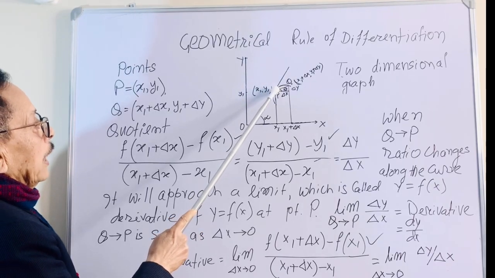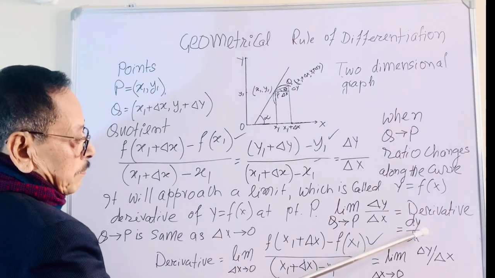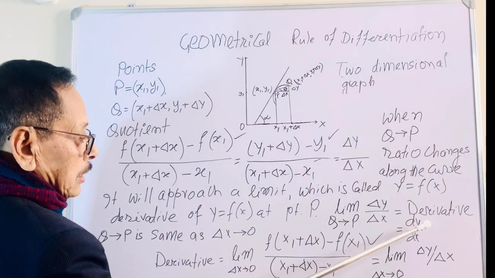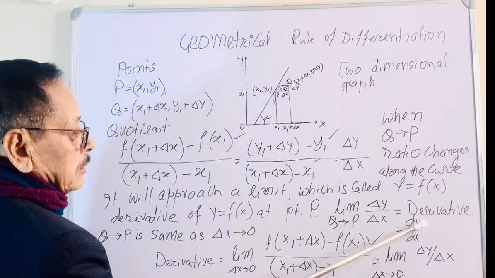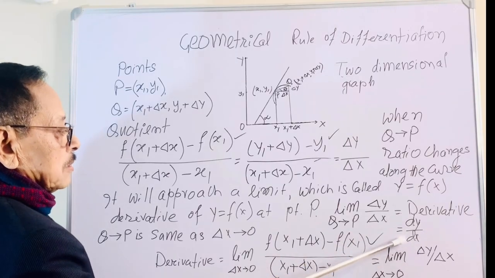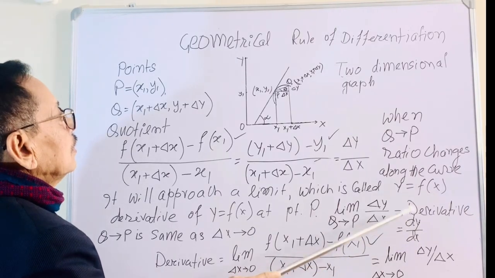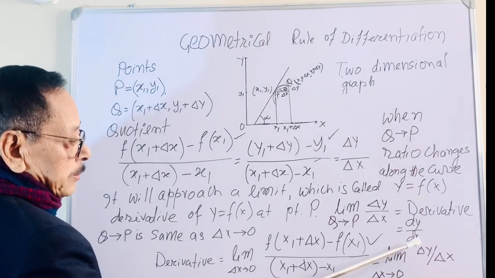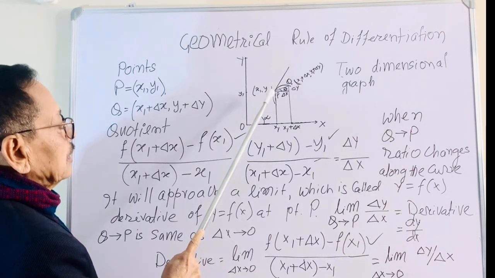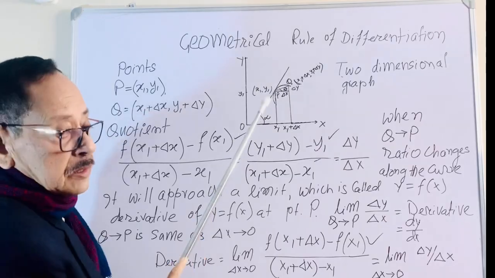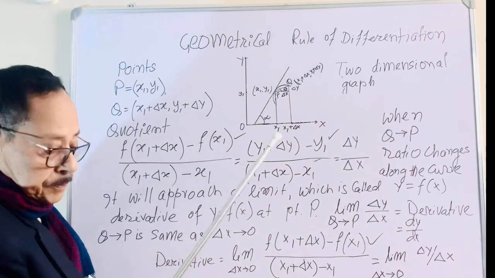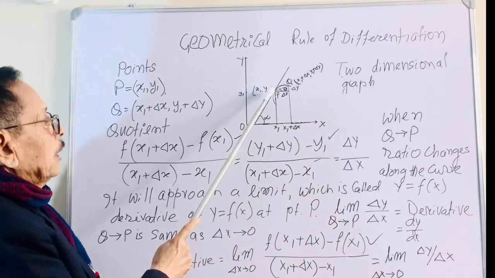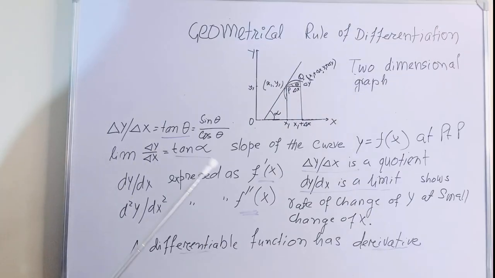At point P, it is called dy by dx. Then what is the rate of change? The rate of change of y due to a very, very small change in x. So this is also called the tangent at point P. Then delta y by delta x is tan theta.